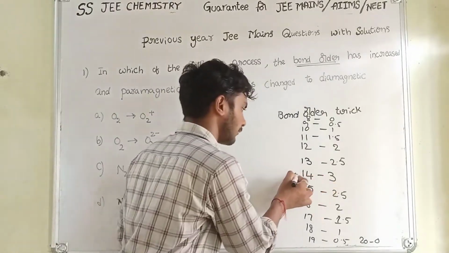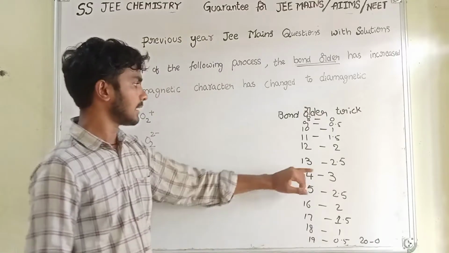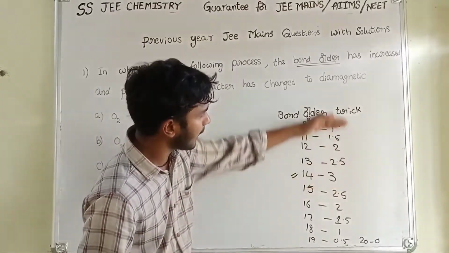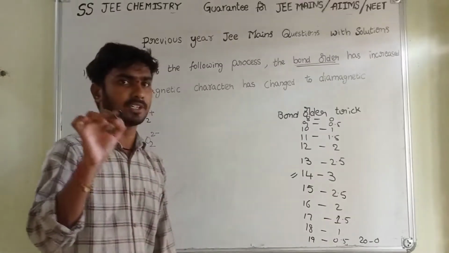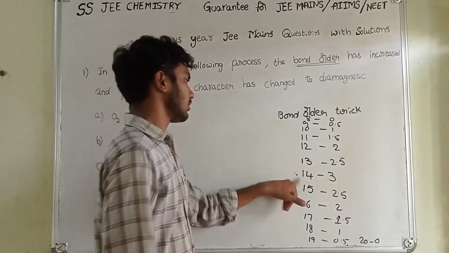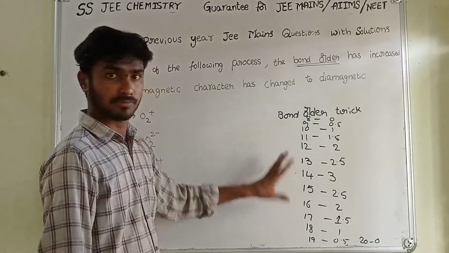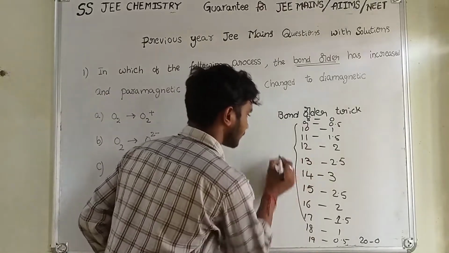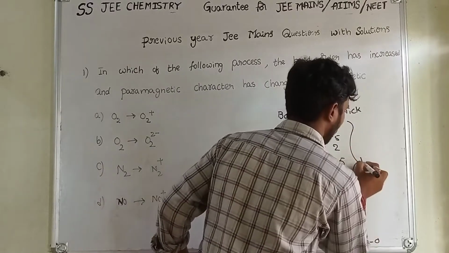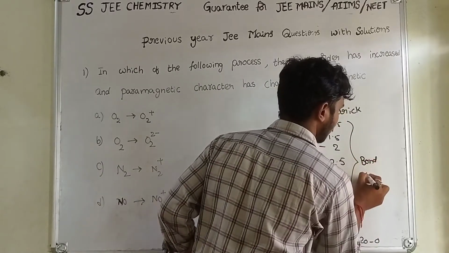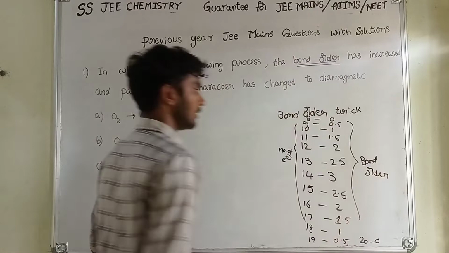Always remember that for 14 it is 3. Above 14 it gradually decreases by 0.5, and below 14 also it decreases gradually by 0.5. This is the bond order for that number of electrons.